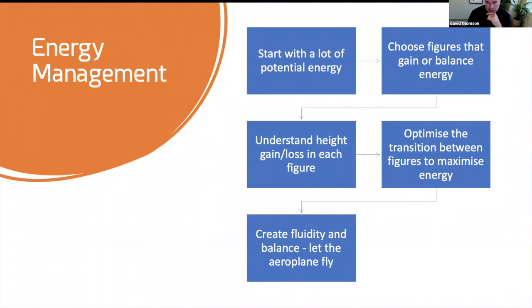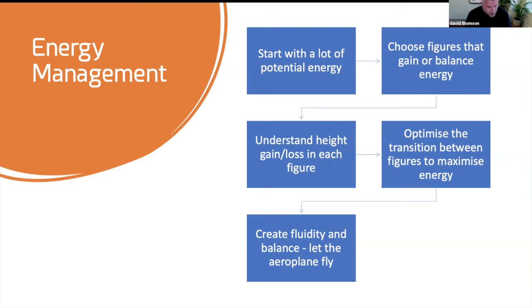But the other important thing is to optimize the transition between figures to maximize energy, and that in a way is a subject in its own right. But what I mean by that is that if you're above max straight and level speed, you want to be going into the next figure as soon as humanly possible, because all you're doing between those two figures is decelerating.